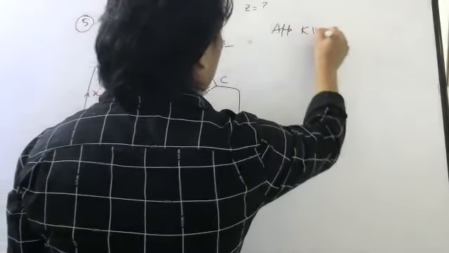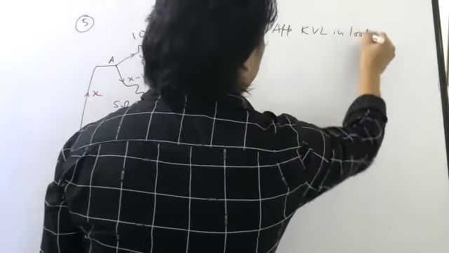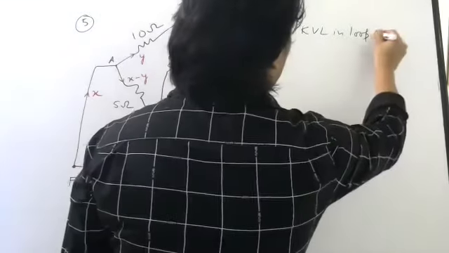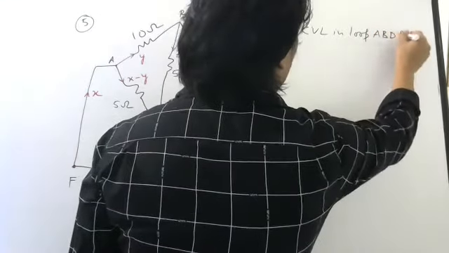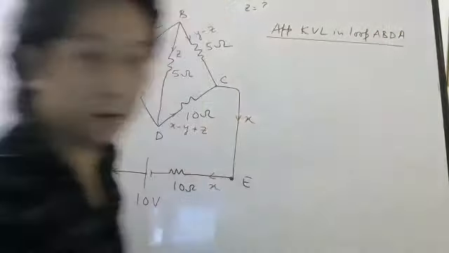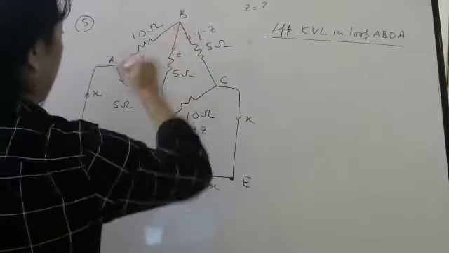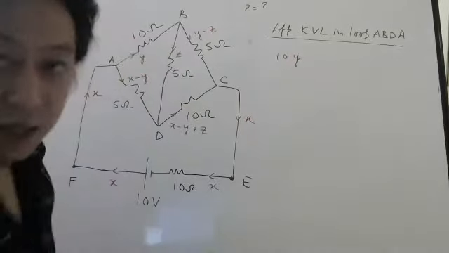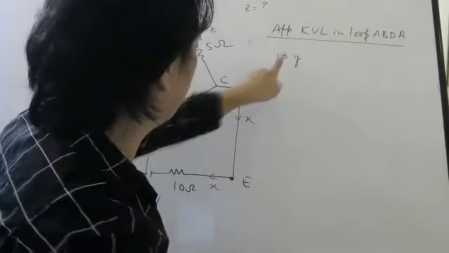Apply KVL in loop A, B, D, A. Along the current, positive. Current is Y. Resistance is 10. So I can write directly 10Y. This is current, this is resistance.